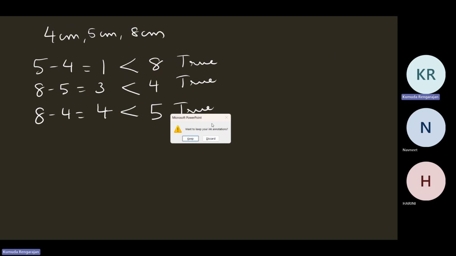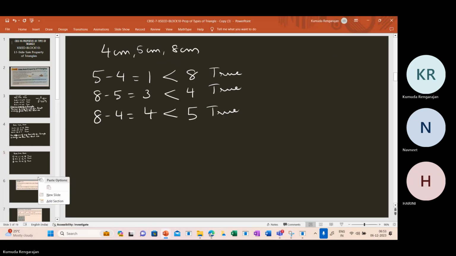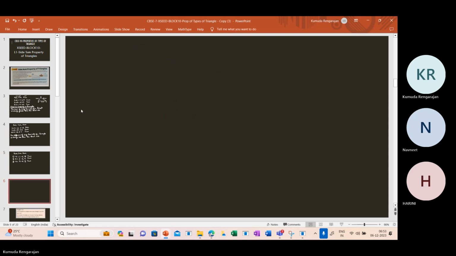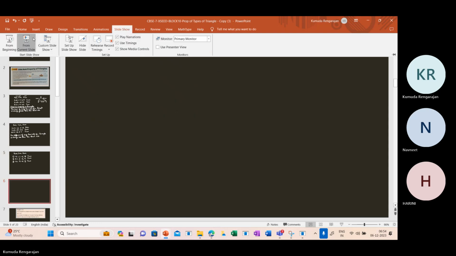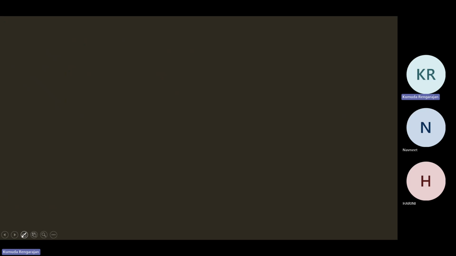We'll take an example to understand this. Supposing you're given two line segments, 6 centimeters and 10 centimeters. Your question is to find the range of the length of the third side.